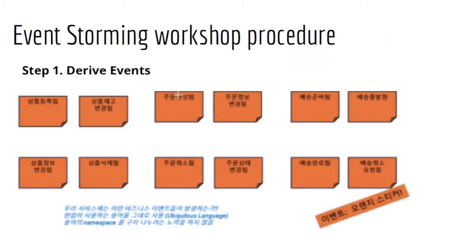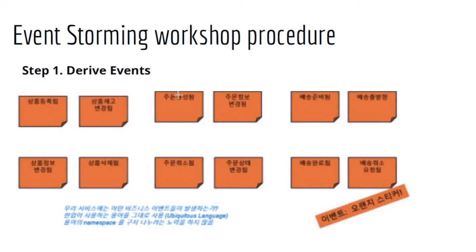And then there is the event storming workshop procedure. The very first step of the event storming workshop procedure is to derive events. With this step, we derive business events that occur in our services.